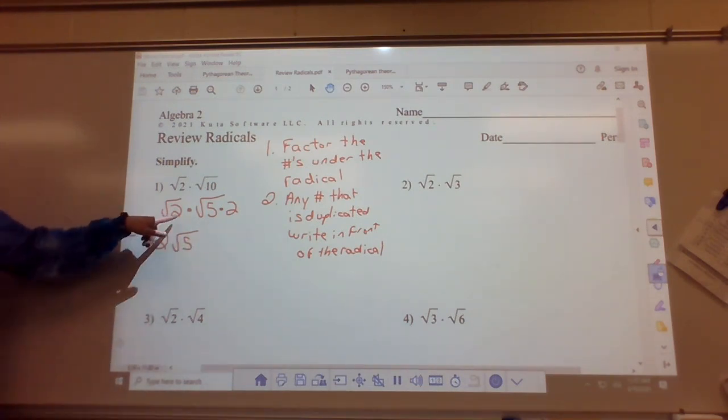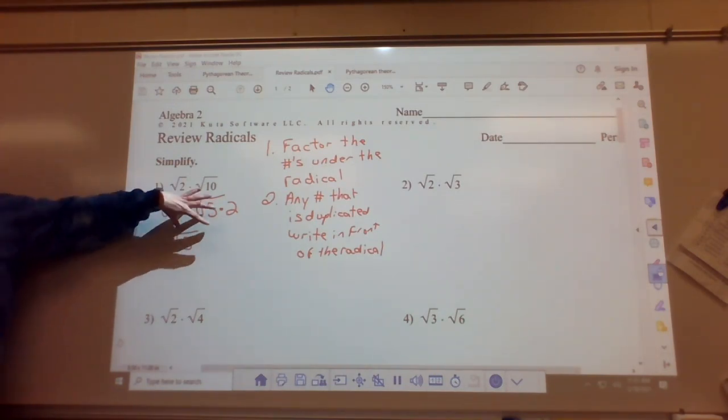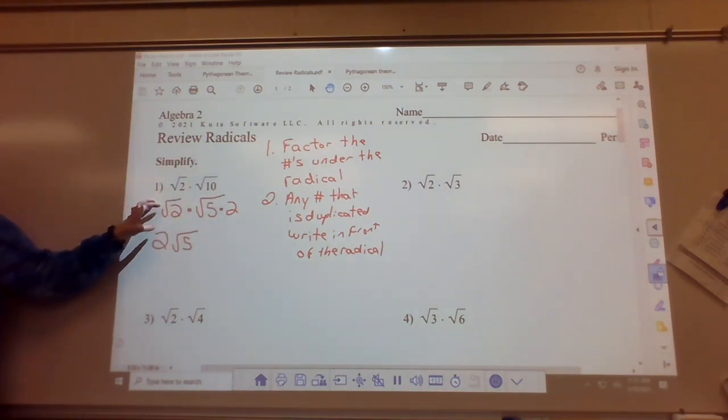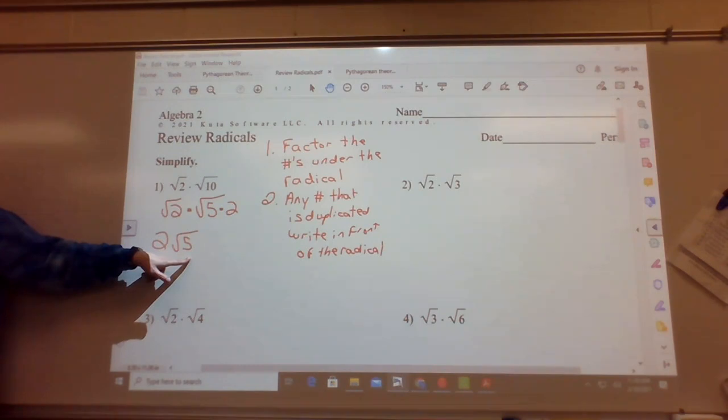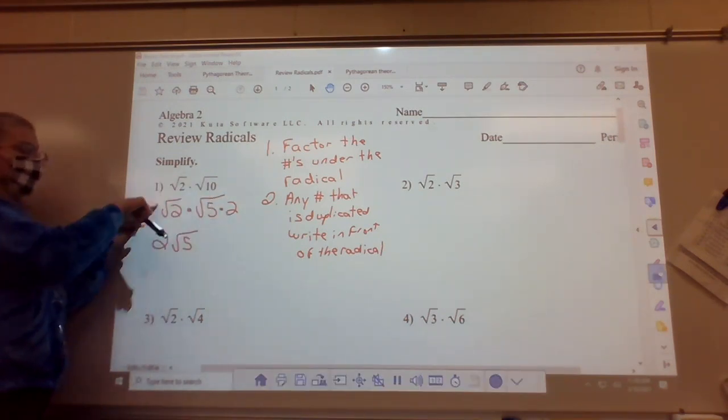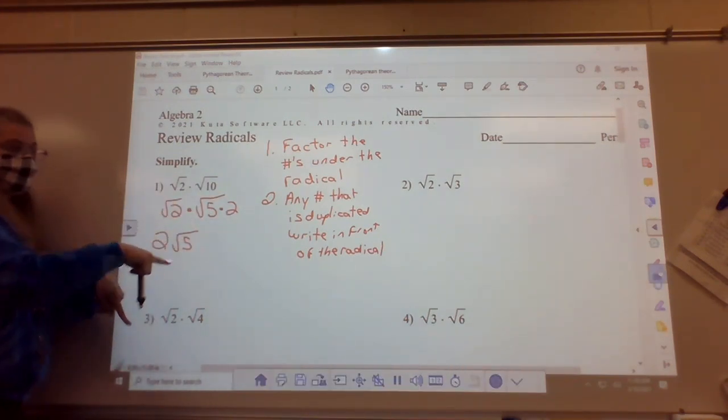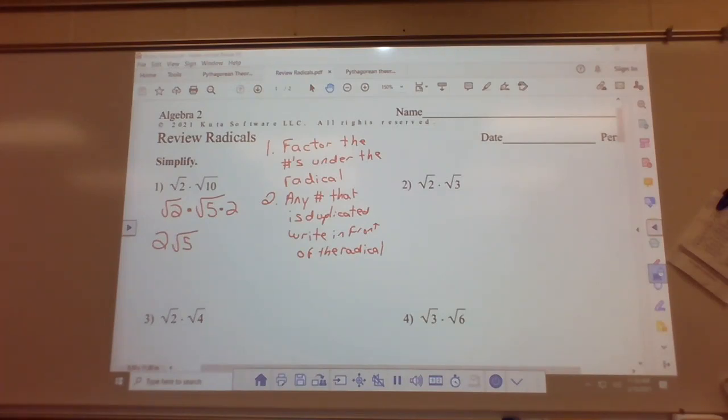Usually when I talk about this, these 2, because they have the same thing, they're going to go out on a date. This 5 doesn't have anybody to go on a date with, so therefore they have to stay home. So the 2s went out, the 5 stayed home. So I get 2 radical 5.